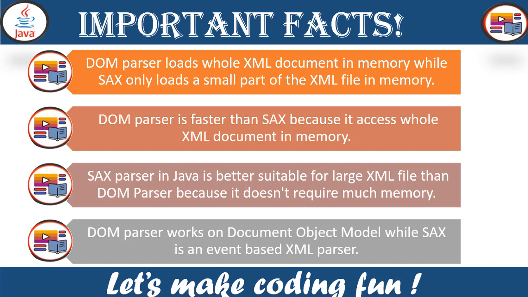DOM parser is faster than SAX because it accesses the whole XML document in memory, but SAX can load and parse large sizes of XML. SAX parser in Java is better suited for large XML files than DOM parser because it does not require much memory. DOM parser works on document object model, while SAX is an event-based XML parser.